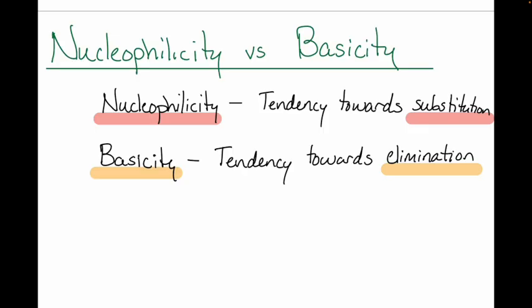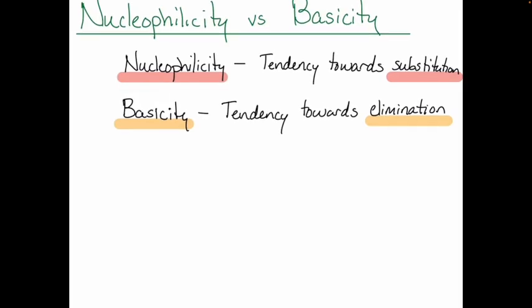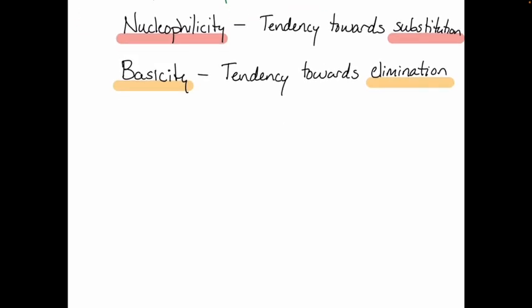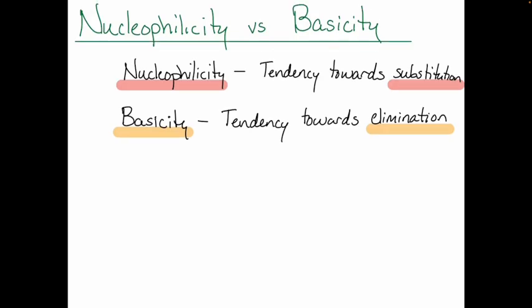What we're going to do is take the world of our reagents and classify them as to whether they're strong or weak nucleophiles and strong or weak bases. So we've got these four different categories that we're going to be looking at. The first one are our reagents that are kind of crappy at both: weak bases, weak nucleophiles.